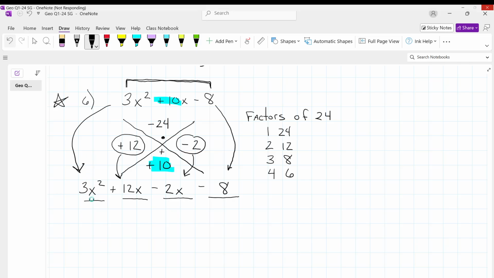And now we group the 3x squared and the positive 12x, and we group the 2x and the minus 8.